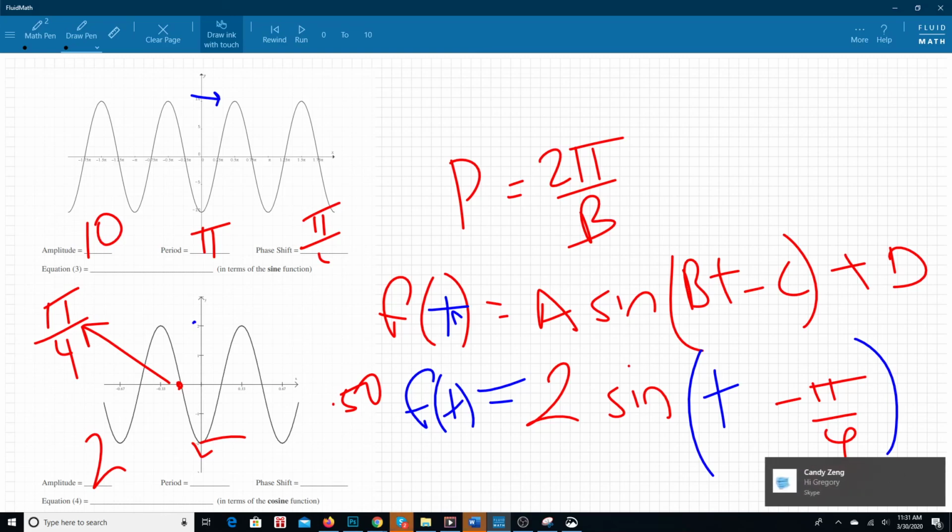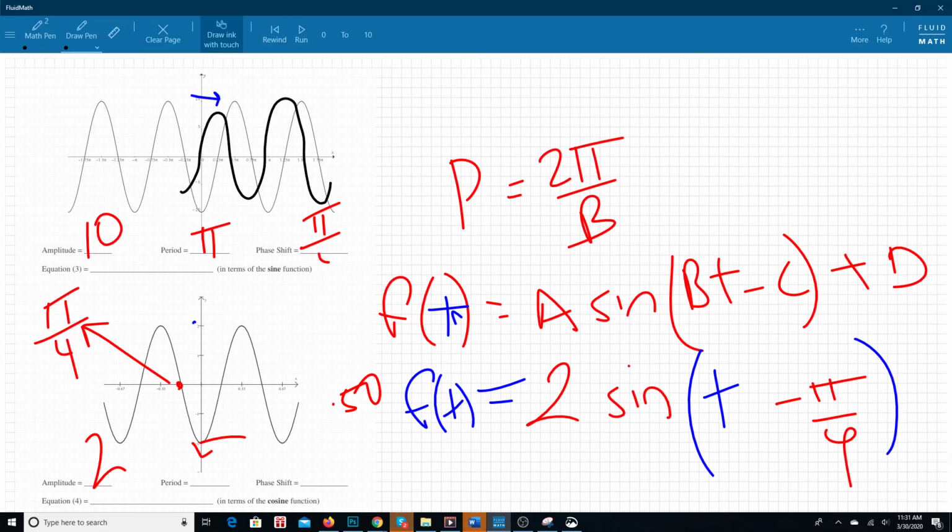All right, it won't let me do that again. It's a sine curve. We good? Let me know if you have any questions, guys.